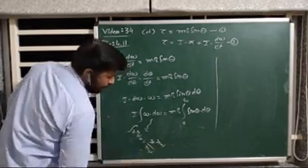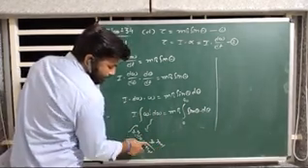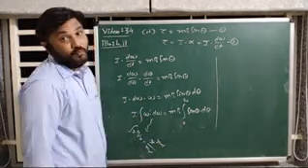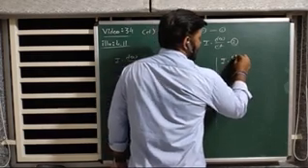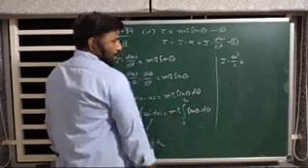Here n is 1, so 1 plus 1 is 2. Instead of x, omega. So omega squared divided by 2. The answer is I multiplied by omega squared by 2 is equal to mB.